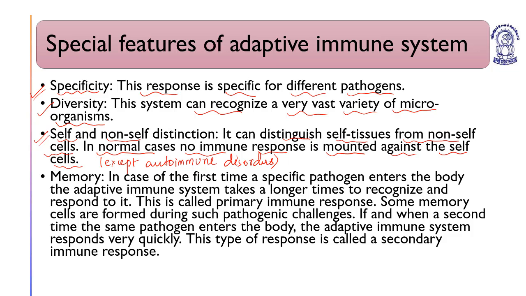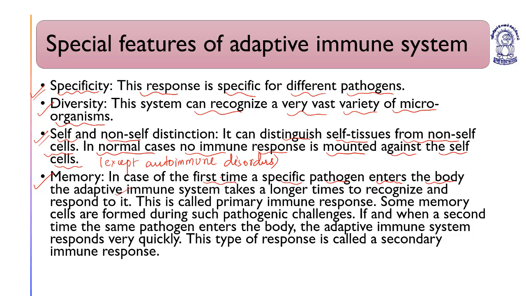Now, memory cells. In case of first time a specific pathogen enters the body, the adaptive immune system takes a longer time to recognize and to respond to it because the pathogen is entering inside the body for the very first time, and that is why the system needs to remember it.